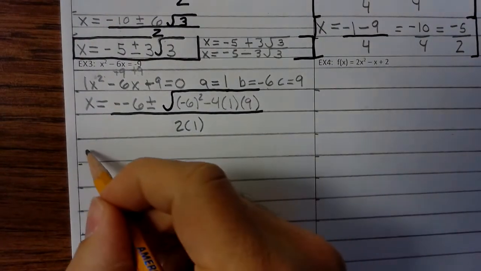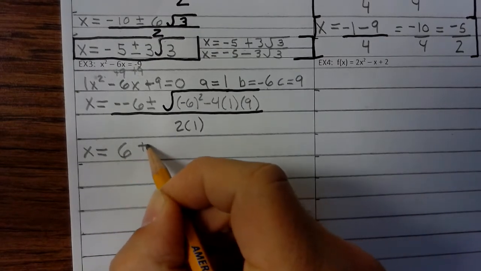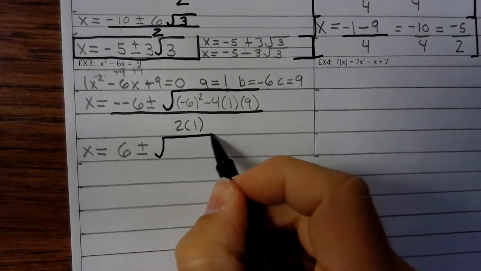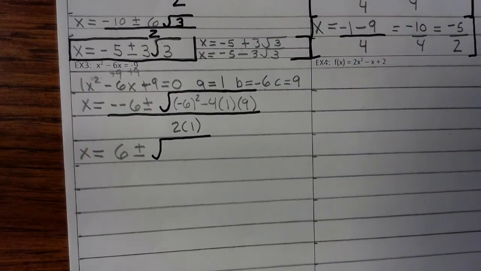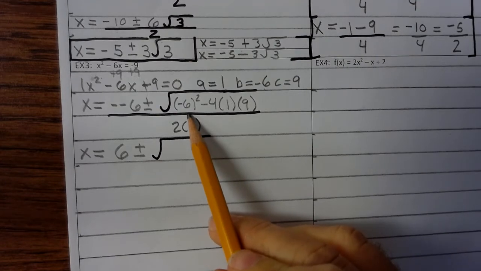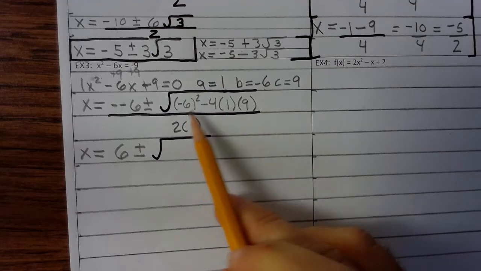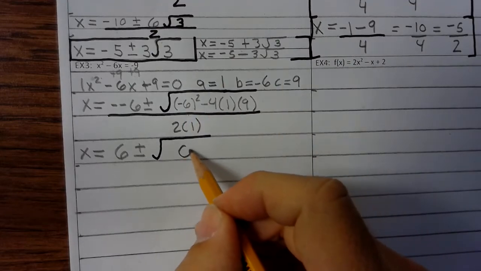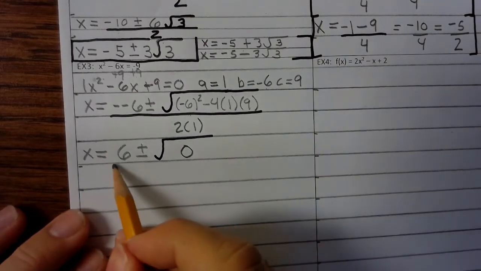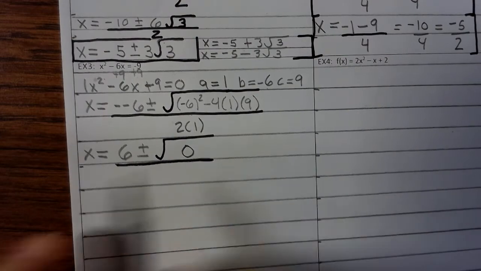Okay? So x equals, a negative times a negative is a positive, so that's 6 plus or minus the square root of, now that's 36 minus 4 times 9 is 36, so that's 36 minus 36, which is 0. Okay? Divided by 2.